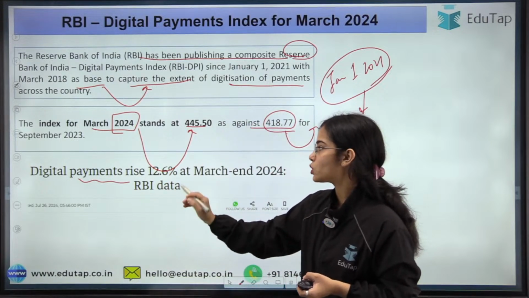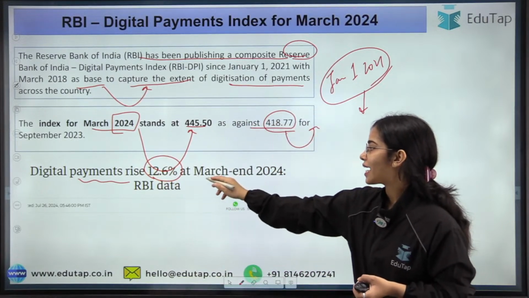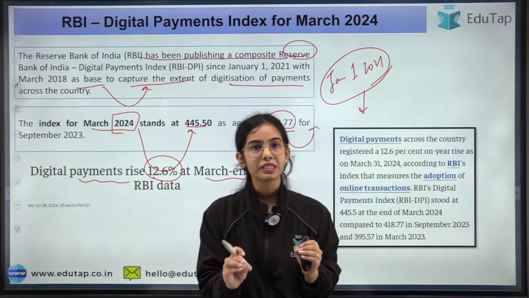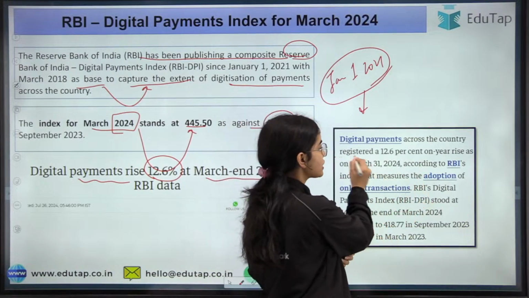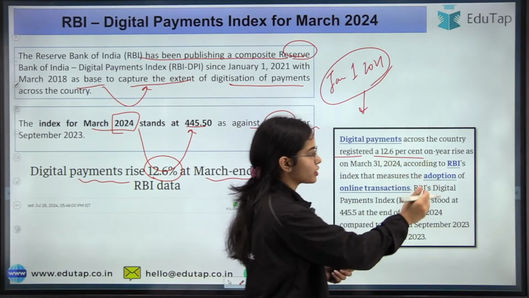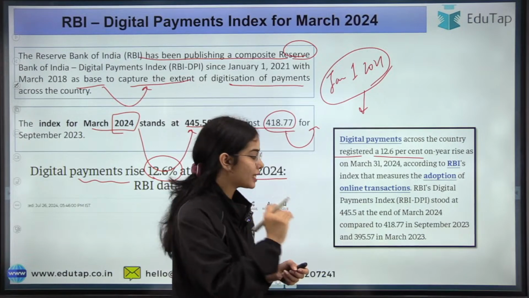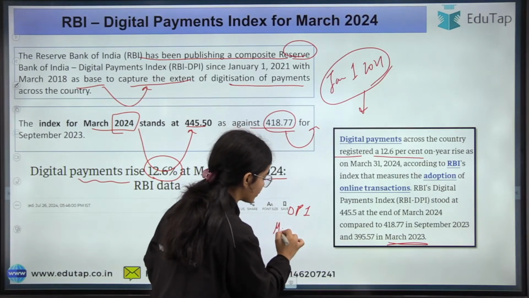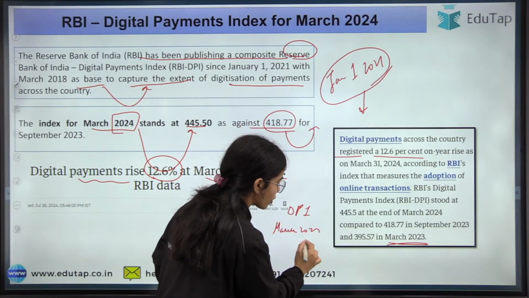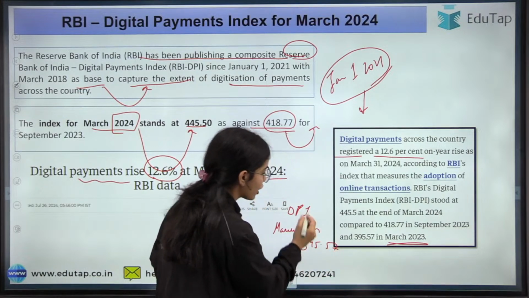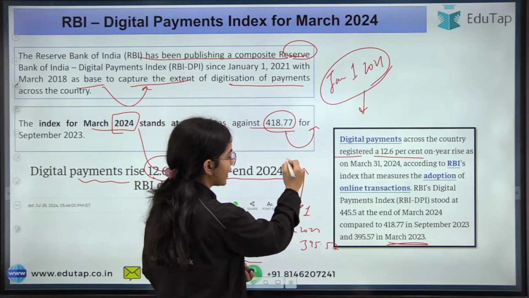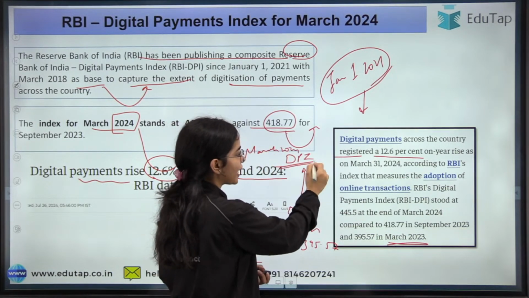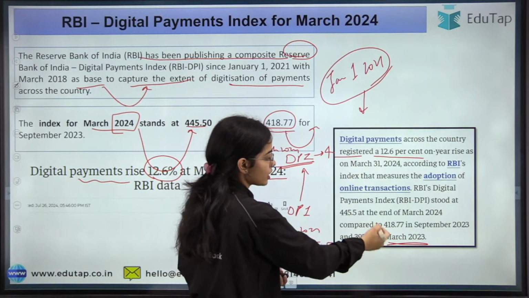Digital payments rose by 12.6% at the end of March 2024 as compared to the previous year. So digital payments across the country have registered a year-on-year growth of 12.6%. If you see the digital payment index data for March 2023, it was 395.57, and the data for March 2024 is 445.5.